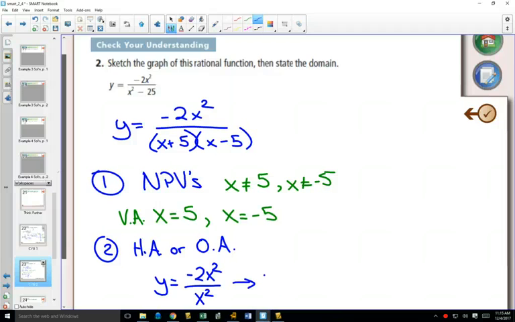If we simplify that, we get y equals negative 2, and that will be a horizontal asymptote. If the degrees are the same, whatever the leading coefficient of those highest degree values are will be what your horizontal asymptote will become.